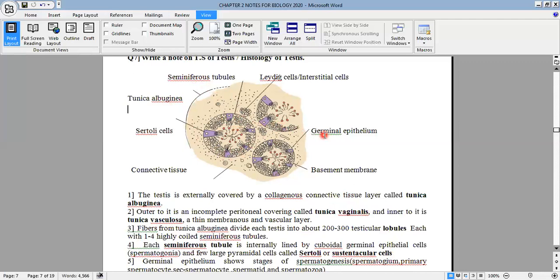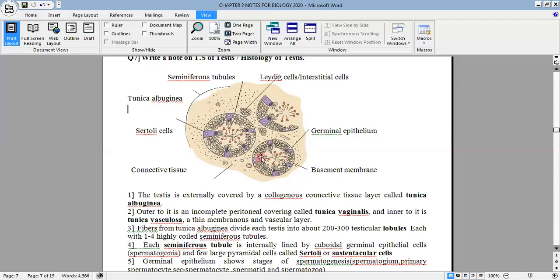Wherever there are germinal epithelial cells, you need to know that there is growth. Here again, germinal epithelial cells divide by mitosis and produce many spermatogonia. Here you can see the production of spermatogonia.